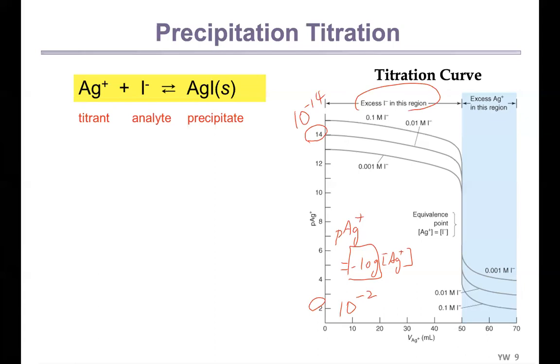And because you have excess iodide in the region, even though you have an equilibrium here, you will have very little amount of silver because you have a lot of iodide. If you also have a lot of silver, they will precipitate, right? So initially you can see that your pAg value is relatively high, right?